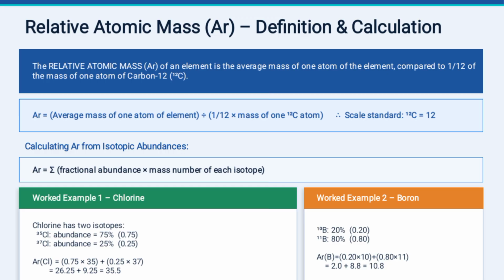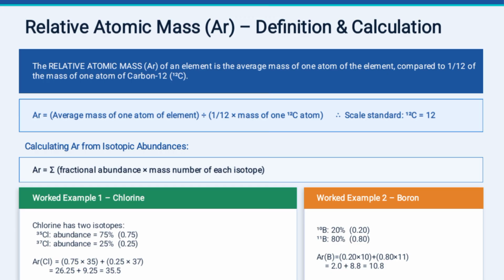It is usually calculated for elements that exhibit isotopy. It can be calculated using relative abundance, which is usually in percentage or ratio of the isotopes. So the general formula is percentage abundance of A times its mass number plus percentage abundance of B times its mass number.